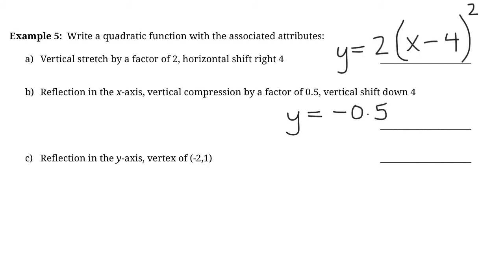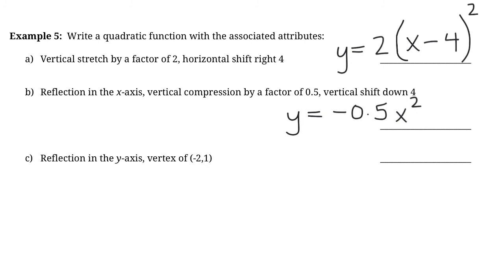Now, we're not given any information about a horizontal shift, so that means that this particular equation is not going to have the usual set of brackets that we are used to seeing. So without that set of brackets, you're simply just going to have an x squared, similar to what you would see in your parent parabola or your parent equation.